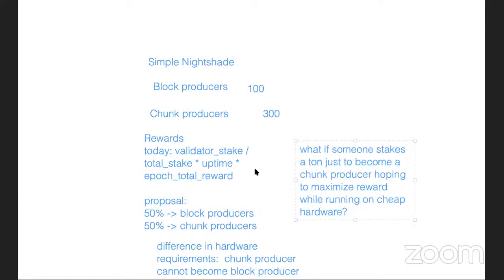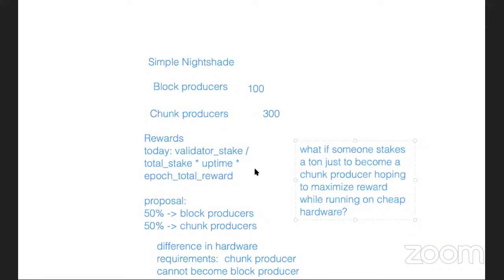And if you adjust this onto the block producers, it means that if you have more than 6% of the total stake, it's better for you to just become a block producer. Otherwise, you're just wasting stake, since you have some stake for which you don't earn rewards.